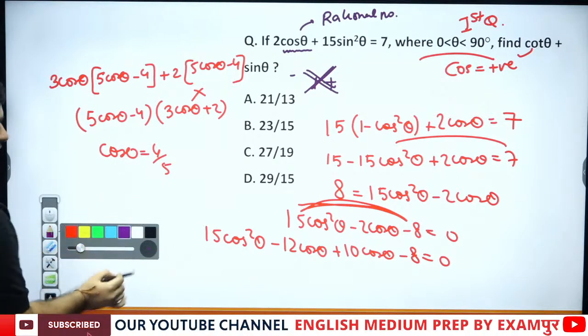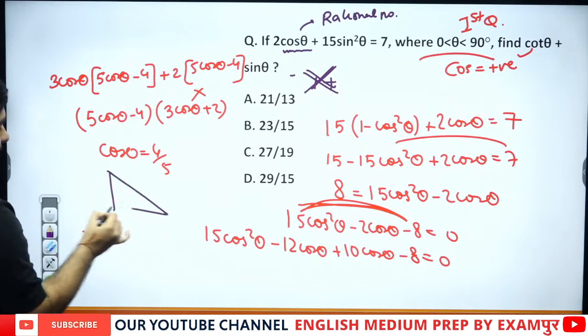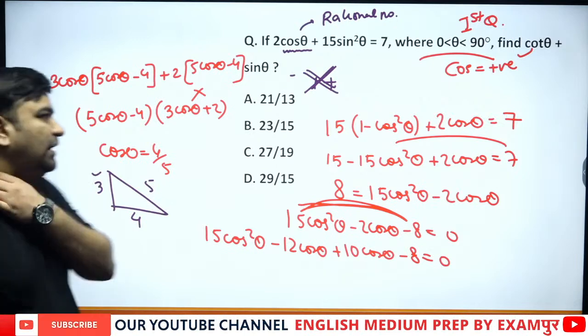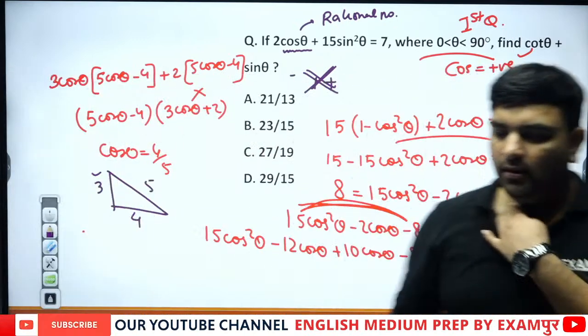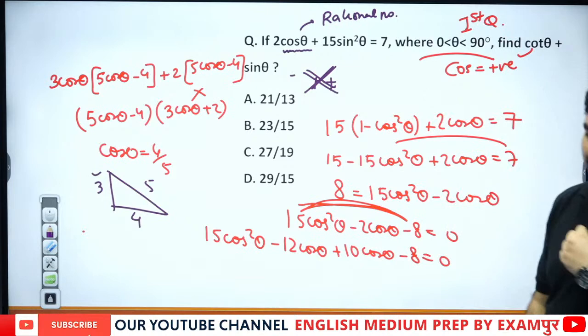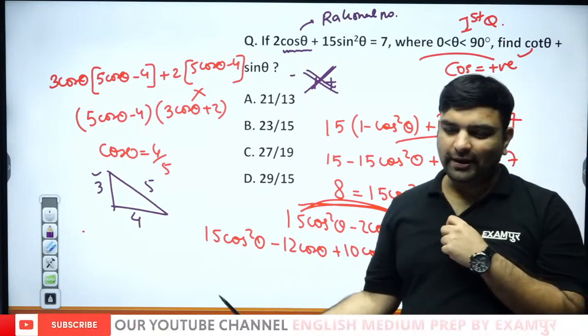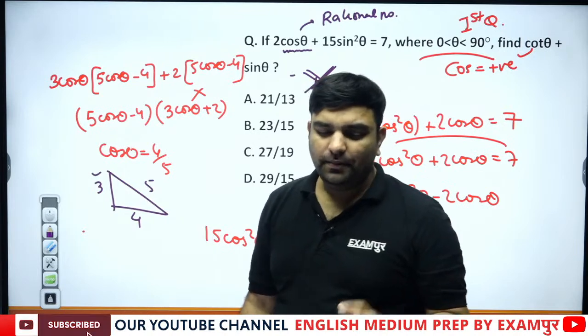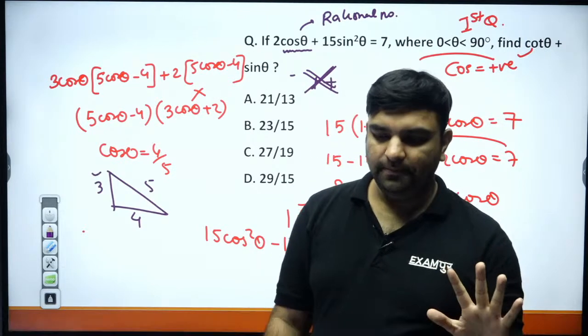We could have guessed this as well: 4, 5, 3. However, it's difficult for students to guess at this level, but you can. How to guess, guys? Guess a right angle triangle. But it's very difficult in the real world.